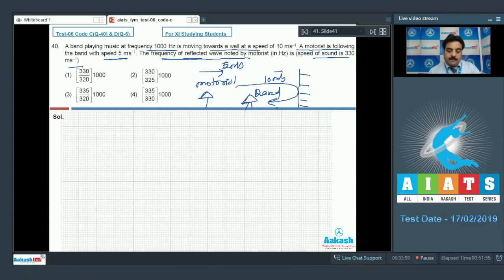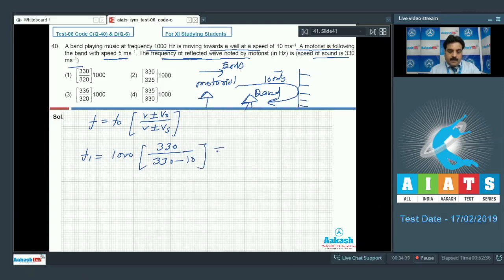Right. The frequency of reflected wave noted by the motorist. Okay, reflected. Because as I discussed in the previous question, the formula for finding the apparent frequency is F0 times speed of sound plus or minus observer, over speed of sound plus or minus source. First I am going to calculate the frequency of reflected sound. So we'll write F1 because 1000 is given and speed was 330, and the band is moving with 10.